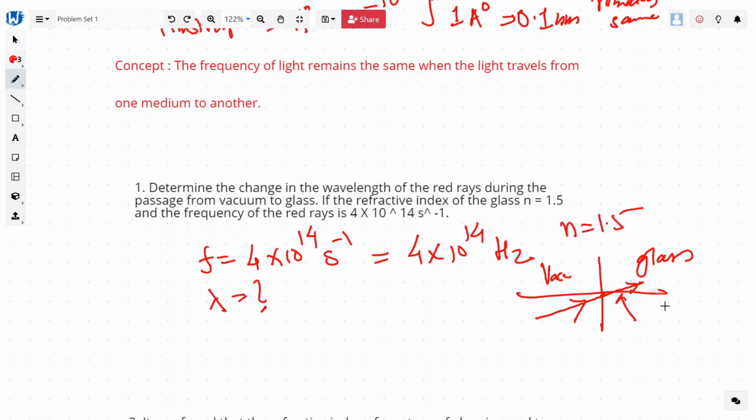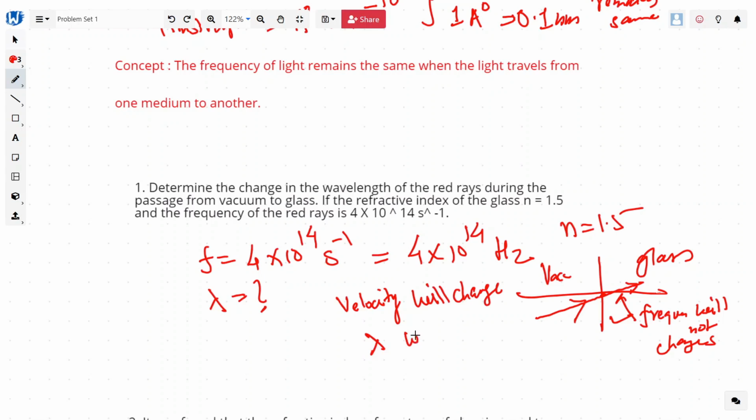We know that frequency will not change, velocity will change, and lambda or wavelength will change.